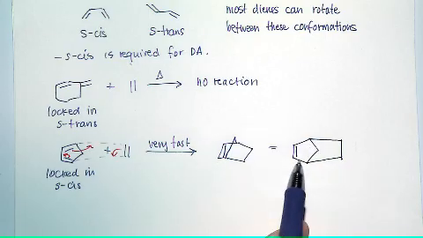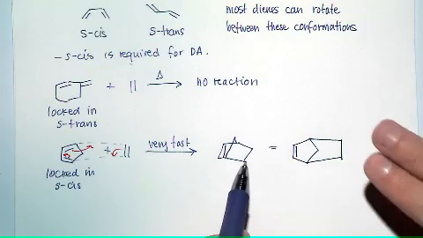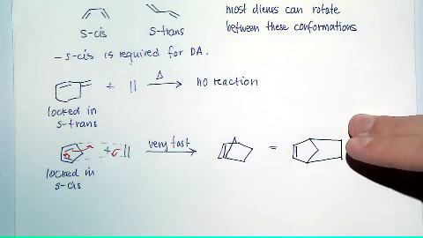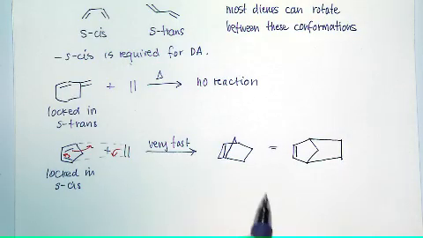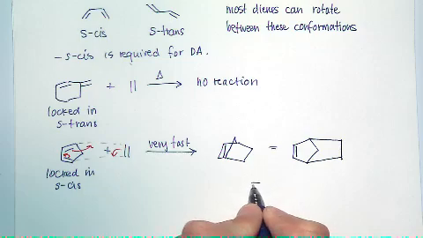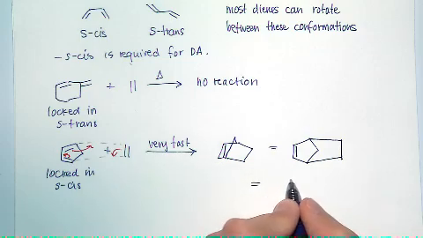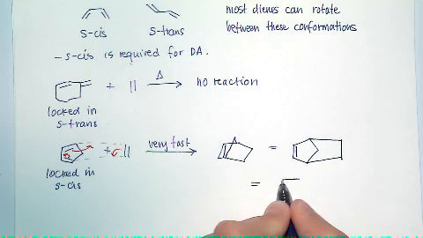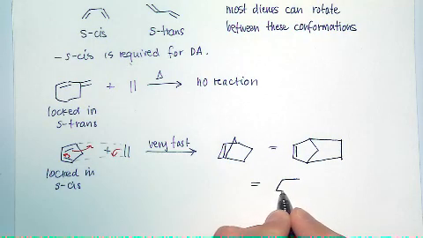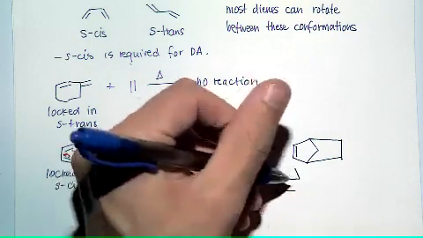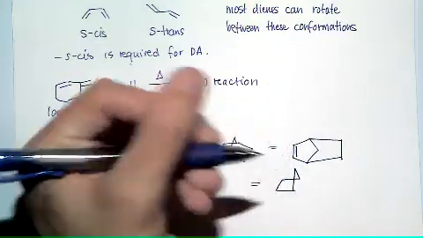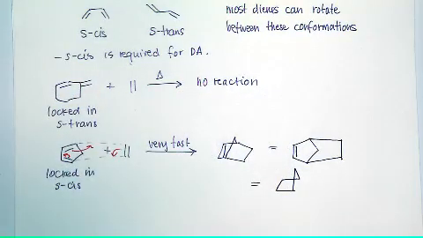So we've got 2 rings now. One of the ways that we can draw this is to take it and rotate it like that, so that we're looking at it from the side. And I'll see if I can make this look a little bit nicer. So right there is the 5-membered ring.